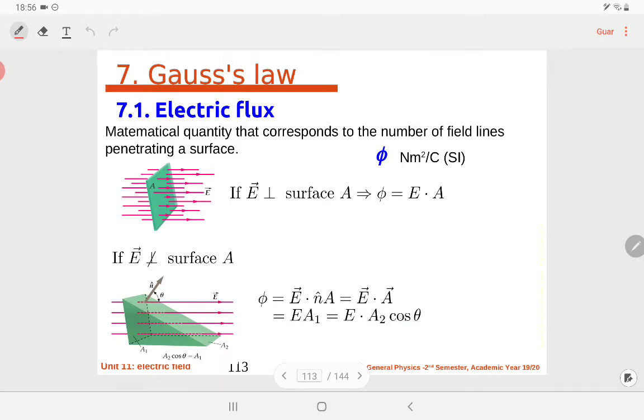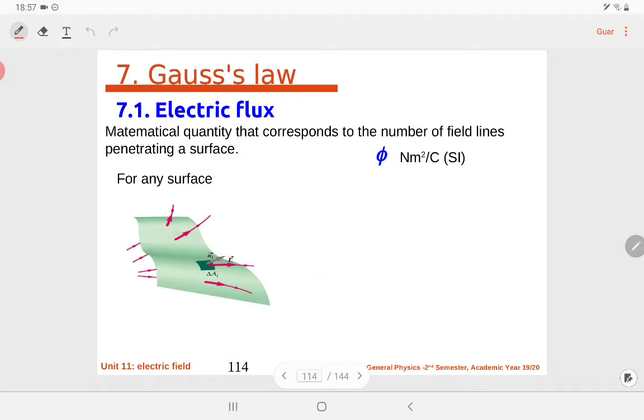And this can be put in a better notation, saying that this is equal to the scalar product of the electric field with the area times the unit vector perpendicular to the surface, which can be written as E dot A, where this A is a vector that has the total area as its modulus, and the direction is the perpendicular to that surface.